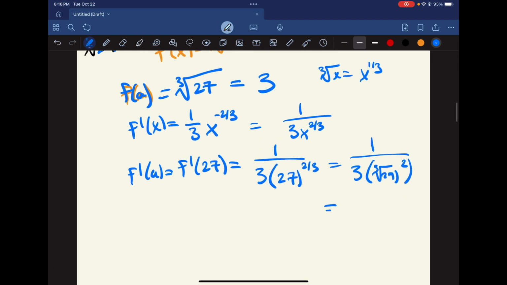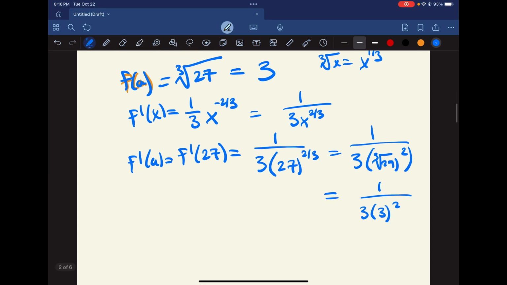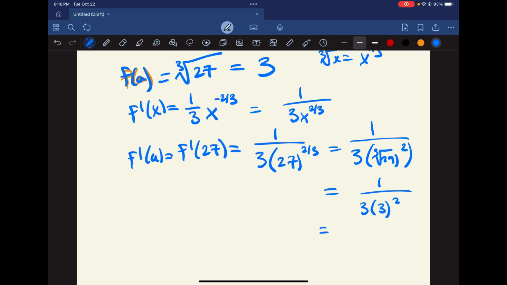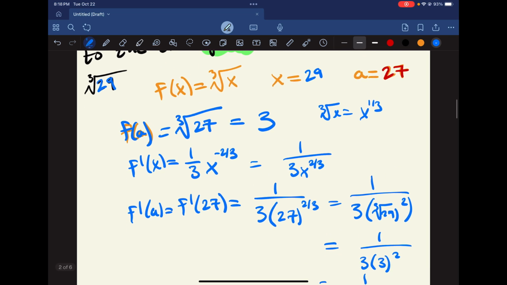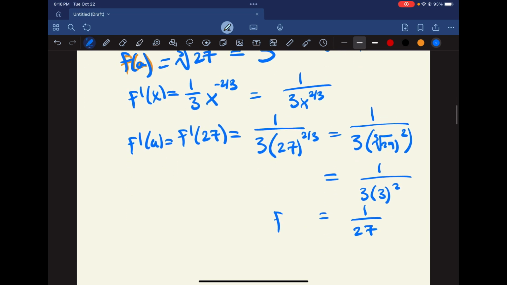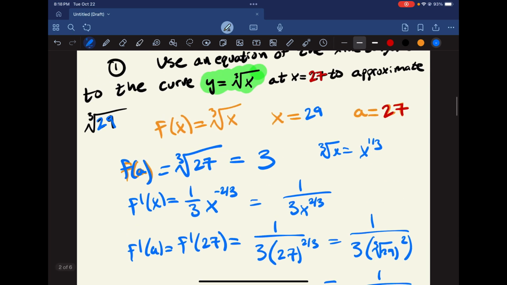And as we said before, the cube root of 27 is just 3. So that's 1 over 3 times 3 squared, which is just 1 over 27, because 3 times 3 times 3 is 27. So our f prime of a equals 1 over 27.